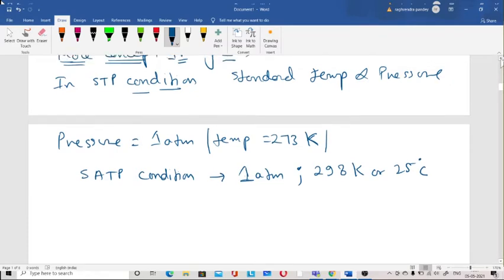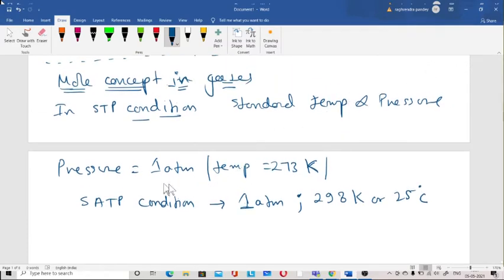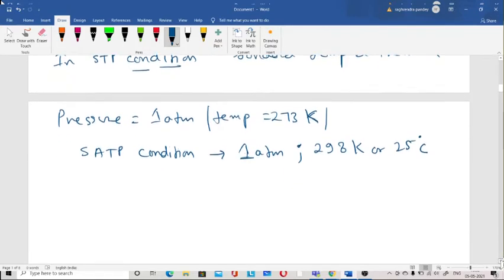But in India, STP condition is this: 1 atmospheric pressure and temperature is 273 Kelvin. SATP condition is this. We use SATP for different purposes, in thermodynamics and different chapters. In mole concept, we will only use the STP condition. Got it?